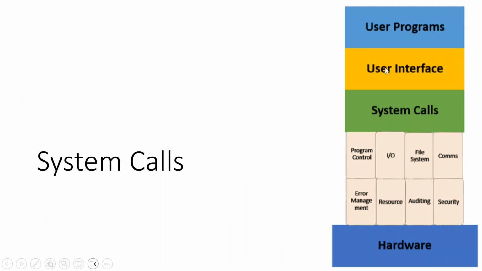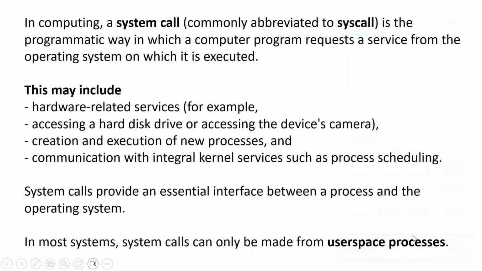In the same image, you see the user program talks to the user interface, which talks to the system call, which talks to the kernel and gets all the availability of it, and then on top of the hardware. In computing, a system call, commonly abbreviated to syscall, is a programmatic way in which a computer program requests a service from the operating system on which it is executed.